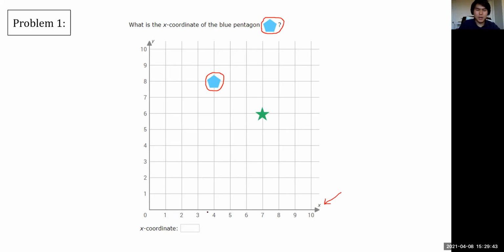Located right here at the bottom, this entire bottom line in bold with an arrow sticking out, this is the x-axis. The x-axis is a horizontal line.